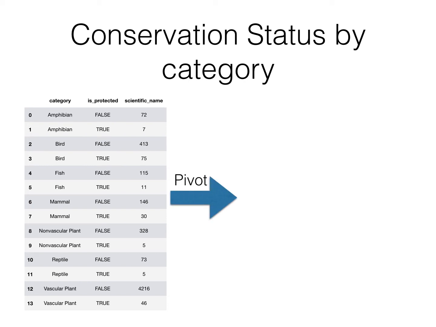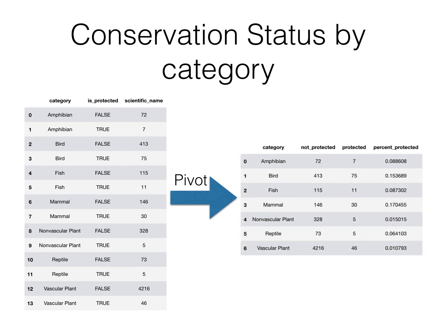We pivot the table so we have our result on the right, and we also calculated the percentage that's being protected. We can see the mammal has the highest protected ratio, while the vascular plant has the lowest protected ratio.